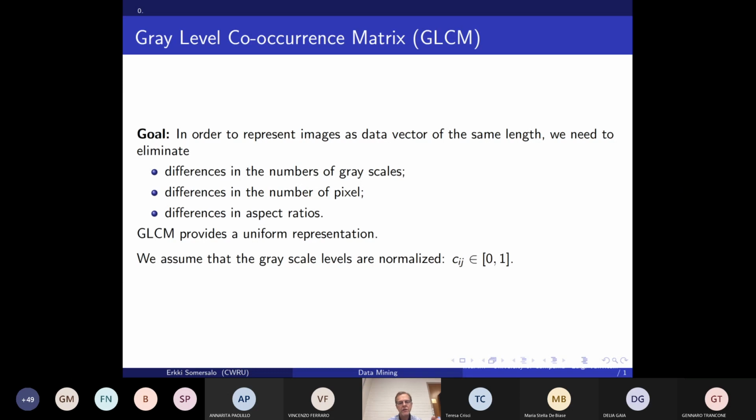You take your image, calculate the minimum and maximum of the grayscales in that image, and then scale the values down or up so that the maximum is equal to 1 and the minimum to 0. Or it could be somewhere in between. It doesn't have to fill the interval completely, but the important thing is that the values are between a minimum and maximum value. That depends a little bit on the application, how you scale your grayscales.